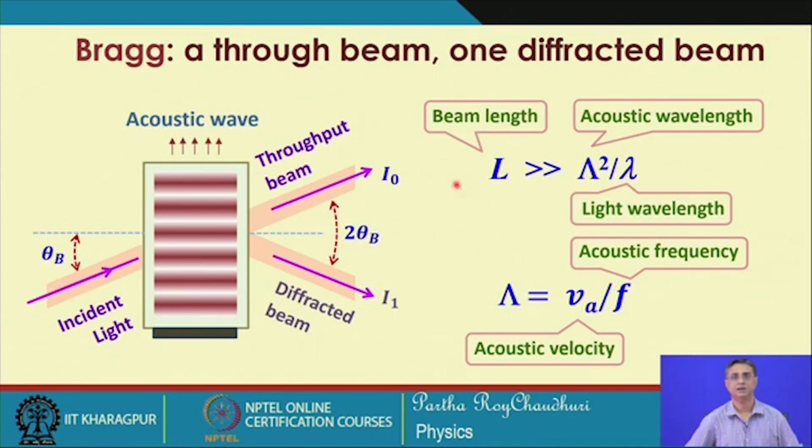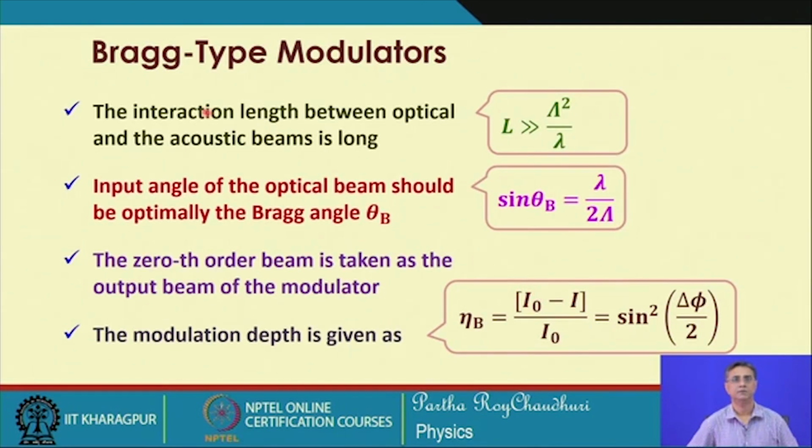This condition has to be satisfied throughout, and the acoustic wavelength is related to the acoustic wave velocity and the frequency in this form. That is all we know, but we will have to make use of these conditions in understanding the Bragg type modulator.